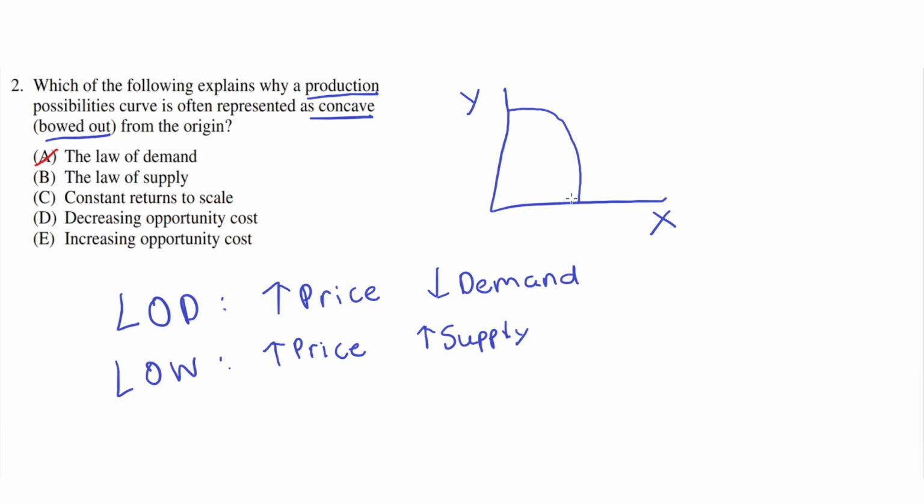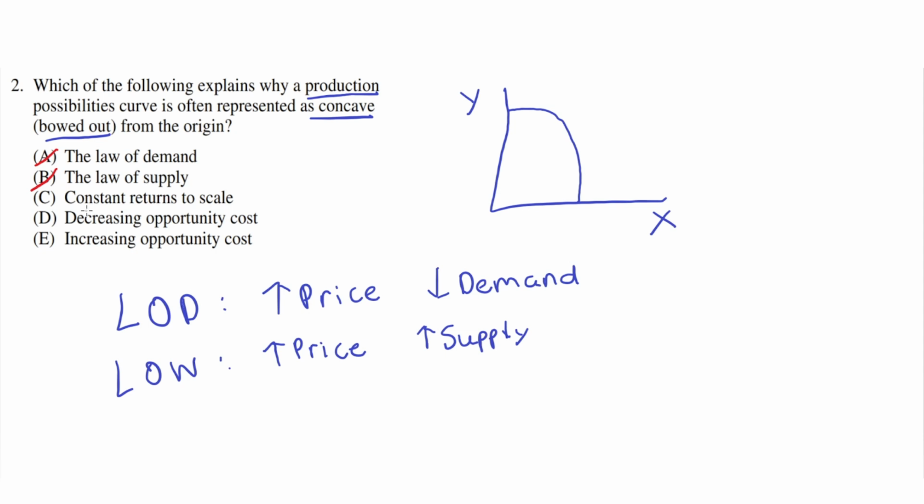But as before, this isn't related to this production possibilities curve, because the production possibilities curve is focused on good y and good x, and how producing one good over another leads to an opportunity cost in terms of the other good. And as before, the price and supply aren't depicted on this graph. Therefore, the law of supply, option choice B, is incorrect.